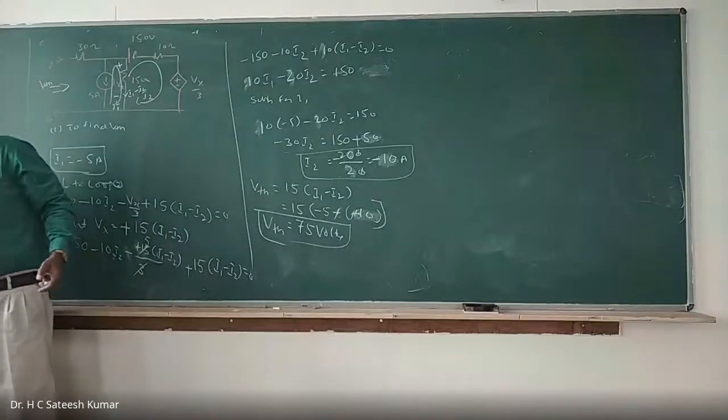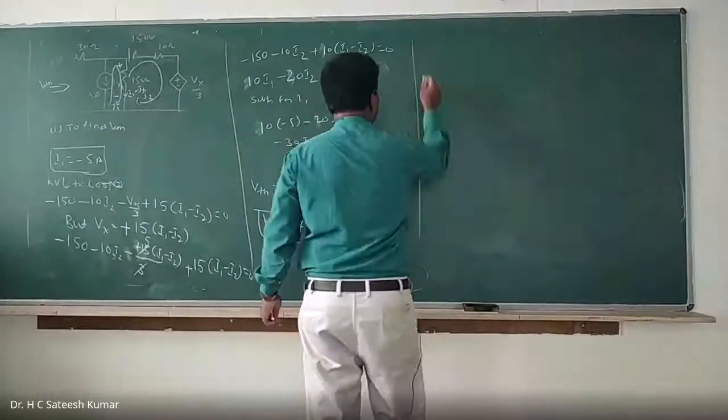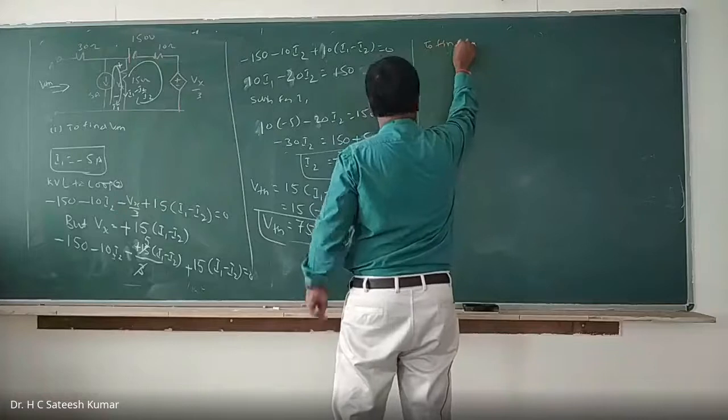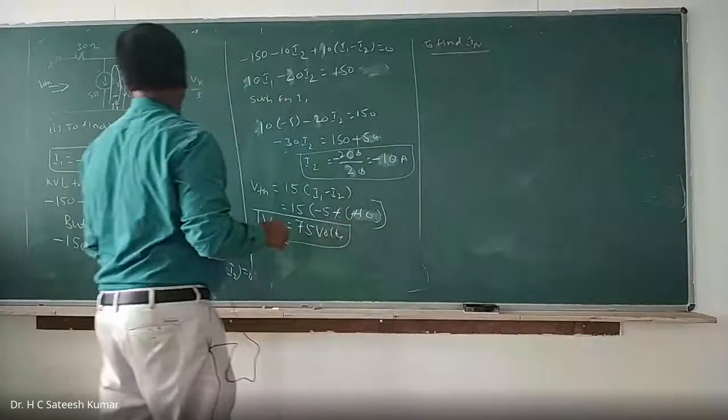Now, we got VTH. Next, we have to find I Norton. How will you do that?